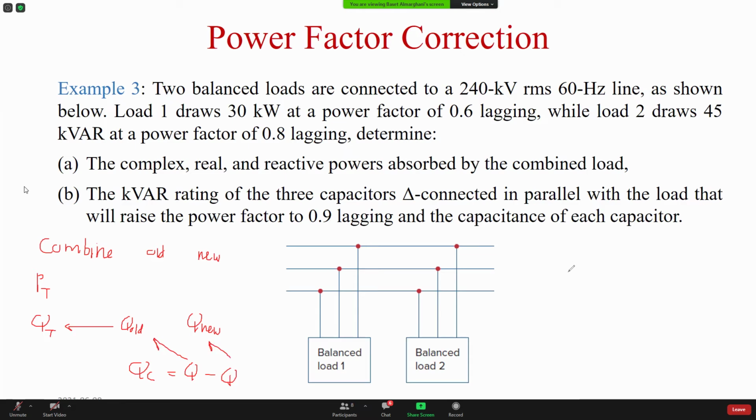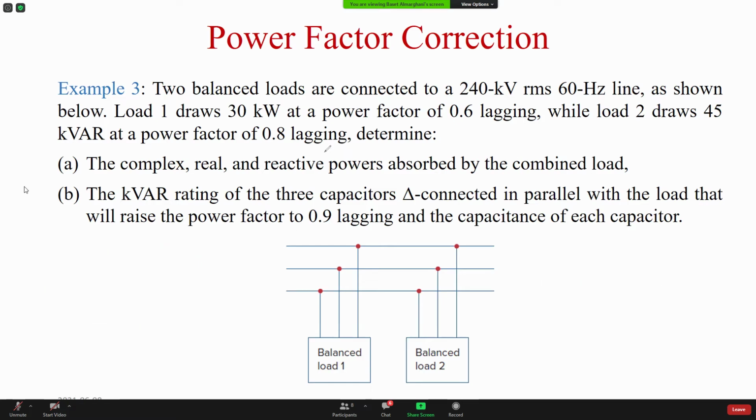Then the last step, when I find the capacitor, is QC over omega V. Because it's capacitor per phase, I have to make sure that QC is per phase and V is per phase. That's it. So the last step is the difference.